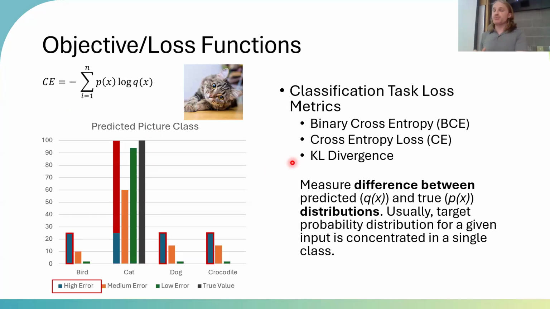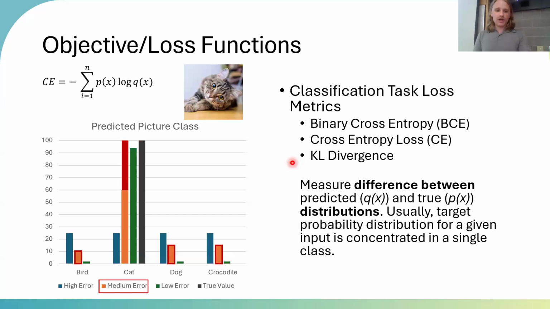Maybe as that model gets a little better and more confident in identifying cats, we move on to a medium error situation where the bars for the incorrect classes are getting smaller and, importantly, the prediction for the correct label is getting better. Note that because this is the highest probability, if all you care about is which class is most probable, it would say cat here, even though the loss would still be quite high because of this big scary red bar at the top.